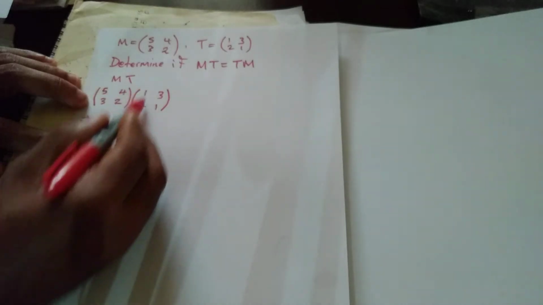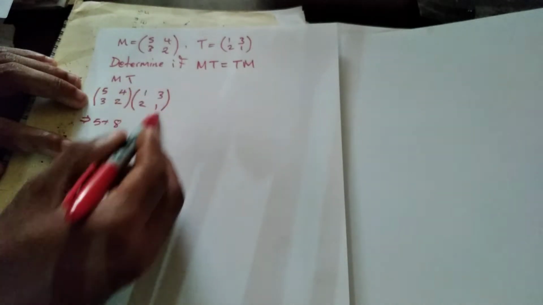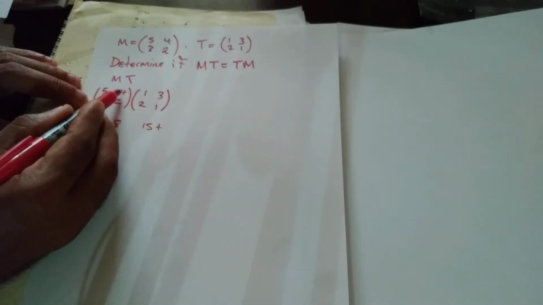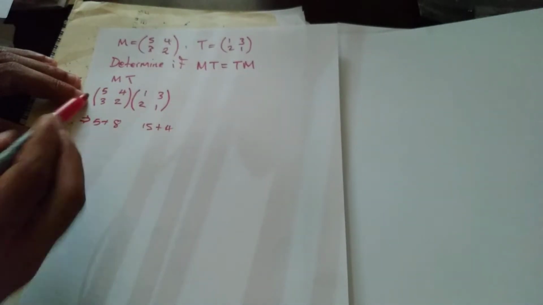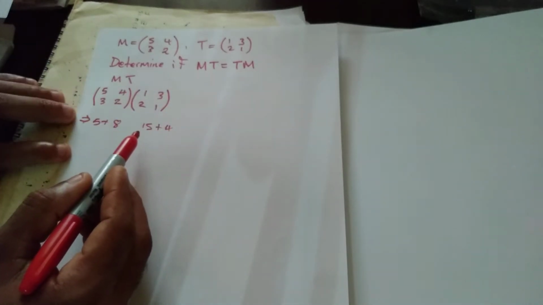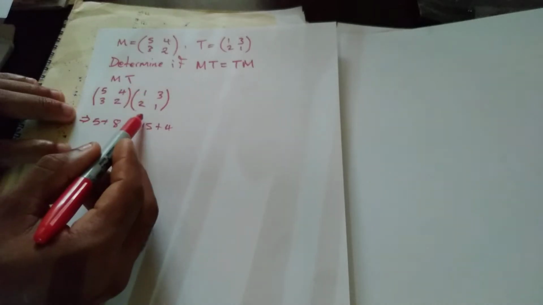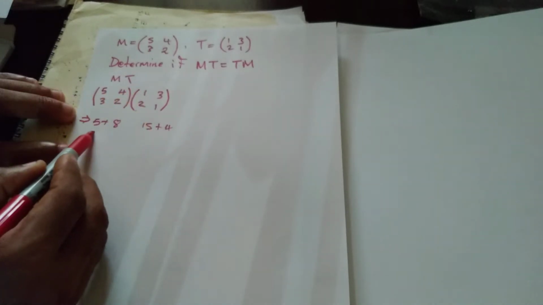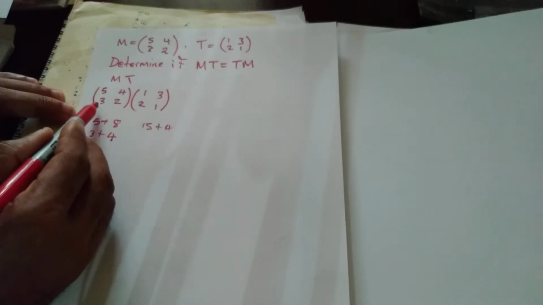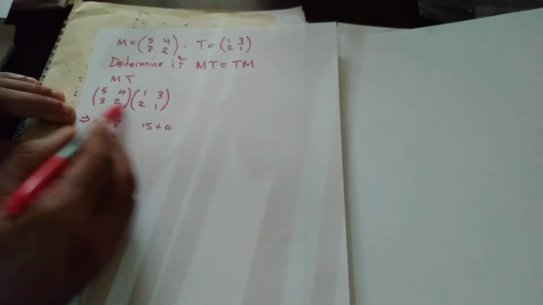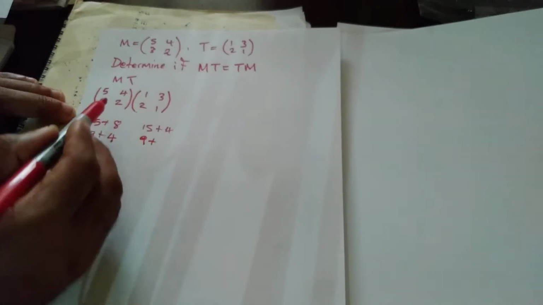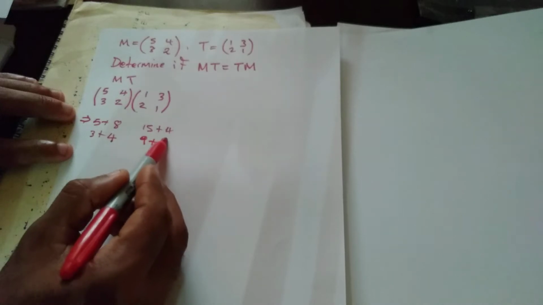That is the first row, first column. Then first row, second column: 5 times 3, which is 15, plus 4 times 1, which is 4. Let's go on to the second row, first column: 3 times 1, which is 3, plus 2 times 2, which is 4. Then we move on to the second row, second column: 3 times 3, which is 9, plus 2 times 1, which is 2.